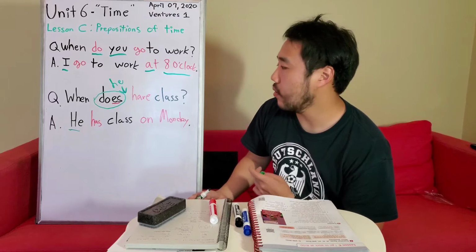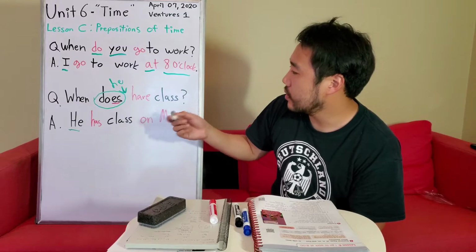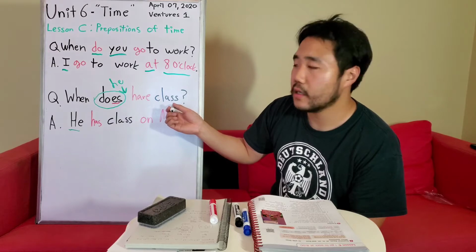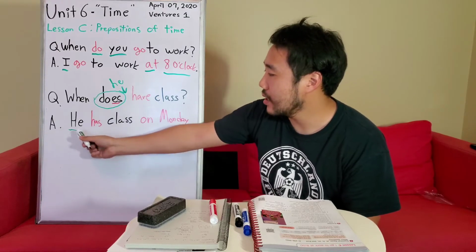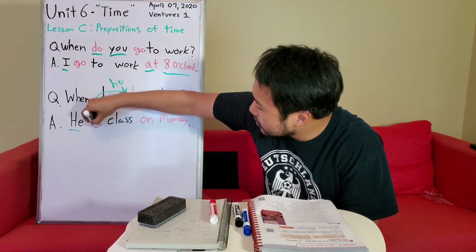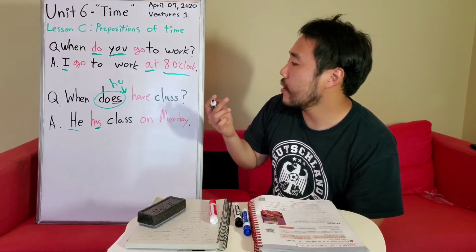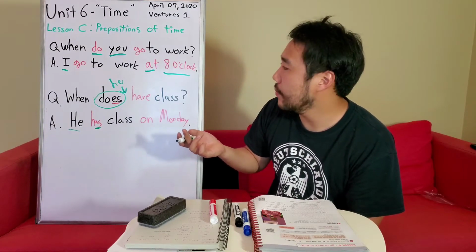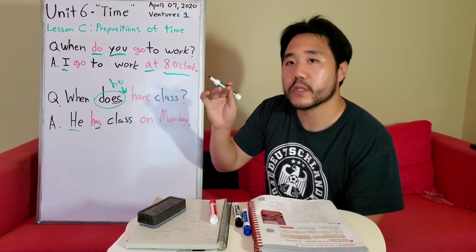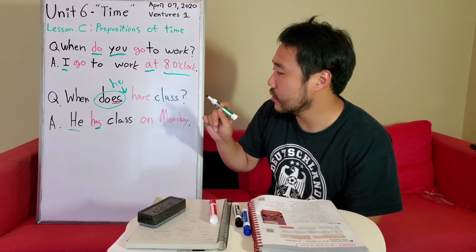There's another thing that I want to mention. When we start with the question, it says, when does he have class? But when we answer the question, it says, he has class on Monday. It's a has with an S. Remember, if it's a verb, for subject pronoun he or she, we would like to add an S to a verb.